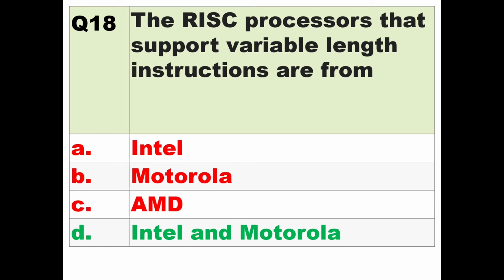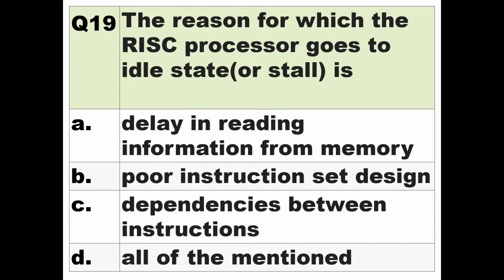Okay. Then we'll go to the next question, question number 19. The reason for which RISC processor goes to idle state or stall, like a standstill state. Okay, the reason for which RISC processor goes to idle is: option A, delay in reading information from memory; option B, poor instruction set design; option C, dependencies between instructions; and option D, all of the mentioned.